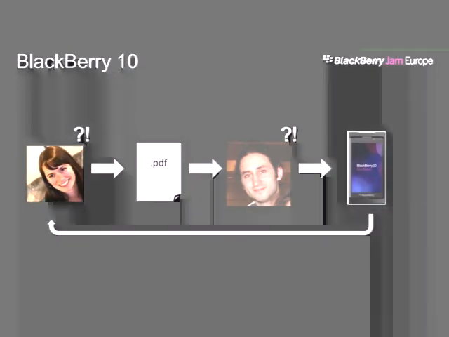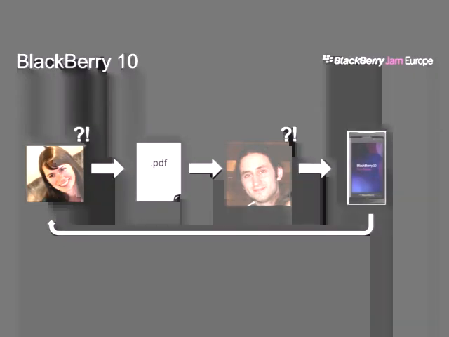So if there is no opportunity to iterate and to try things, then there's no opportunity for the designer to take risks, and there's no opportunity for the developer to take risks, and there's no opportunity for the magic that can happen from that.